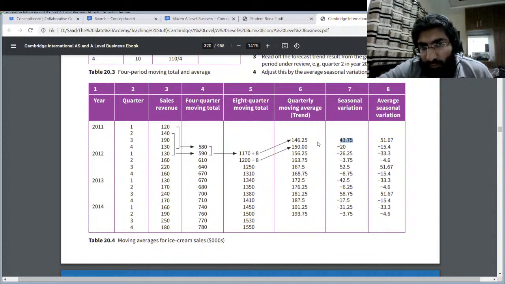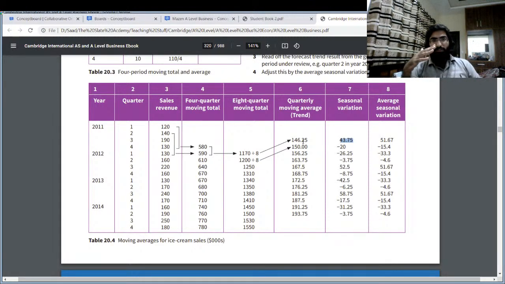More than what? More than the average, more than the trend. So the trend for the first 5 quarters is that you get sales of 146.25, whereas in quarter 3, you will actually get more than that. The variation in quarter 3 is that it's 43.75 more than the moving average, more than the trend.